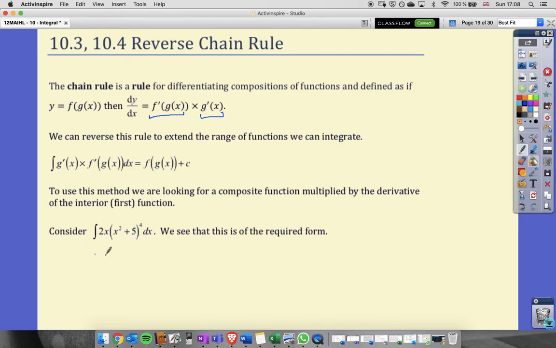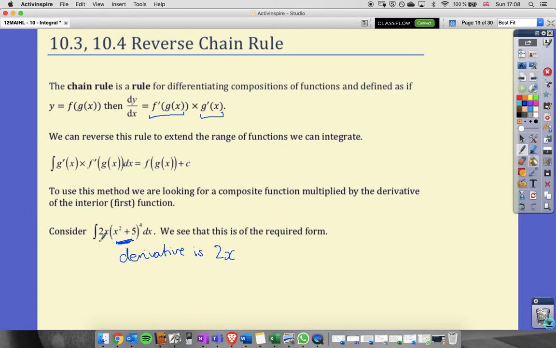So looking at this here, I've got a composite function. I've got a function raised to the power of 4, and it's also multiplied by another function at the start of this. And if we look more closely, here's my inside function, x squared plus 5. If I find the derivative of this, it would be 2x.